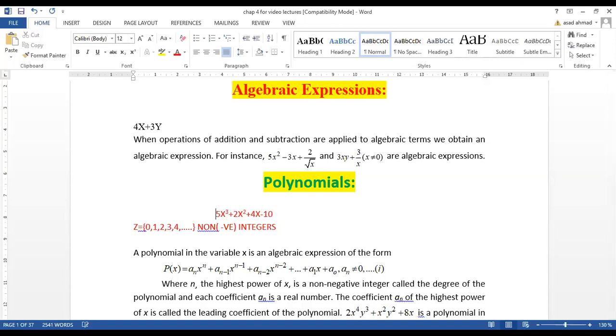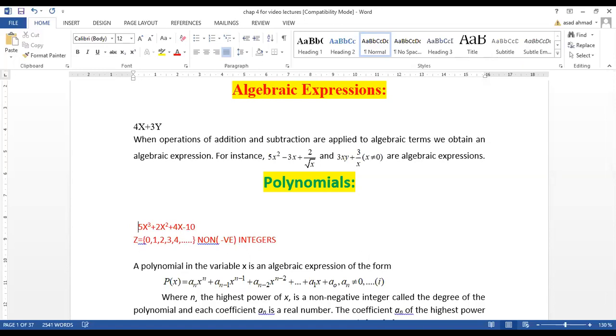This is an example. I have taken this example just to explain to you. And one more thing, normally we write p of x in this form.